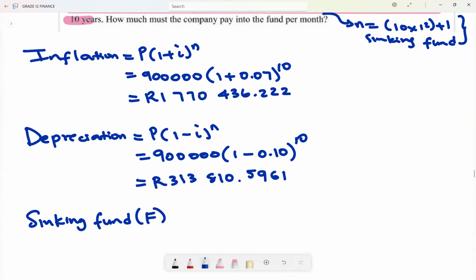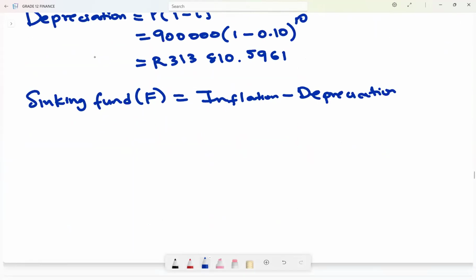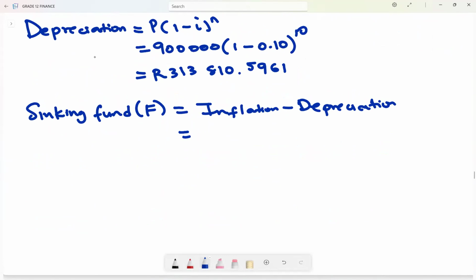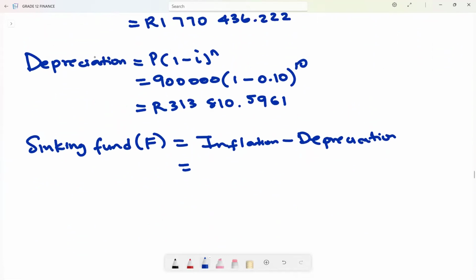That amount is going to be the inflation value minus the depreciation value. And then let's see how much I get. The inflation value was 1,770,436. Okay, let me write it.